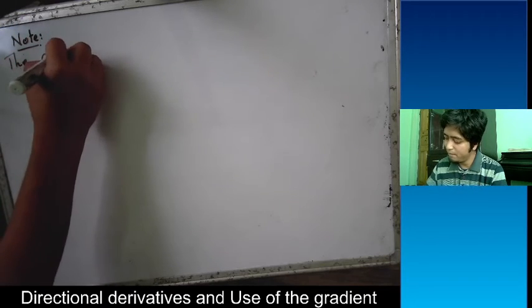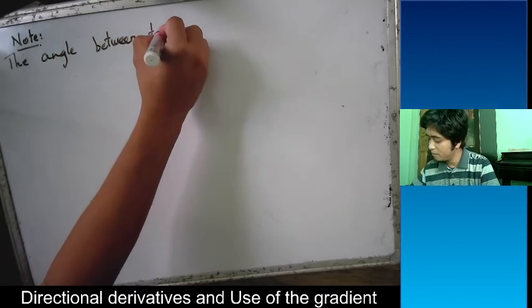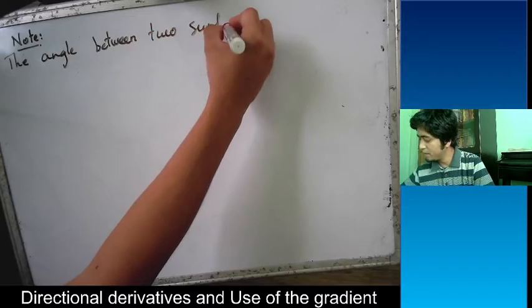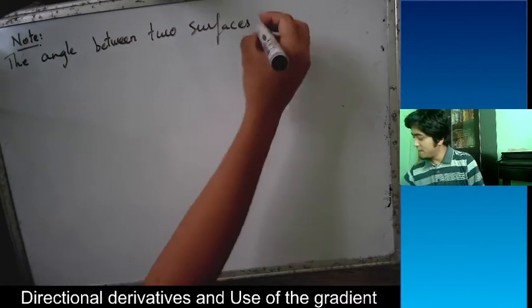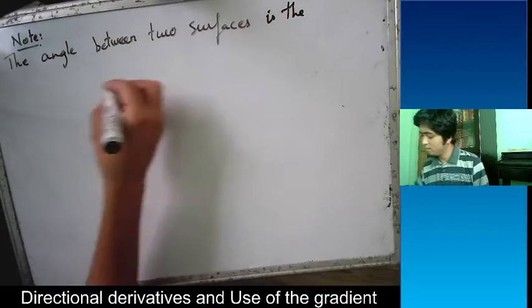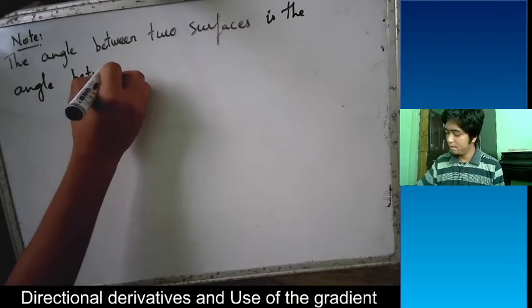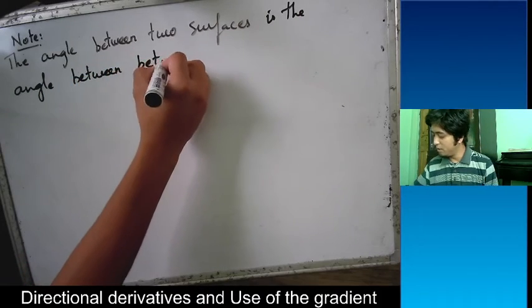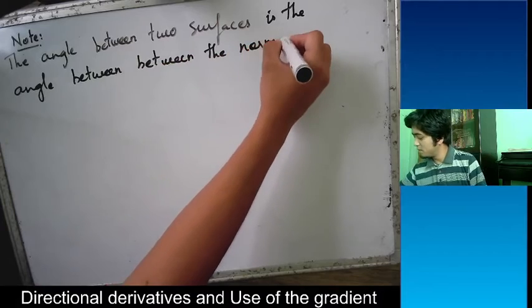The angle between two surfaces is the angle between the normals.